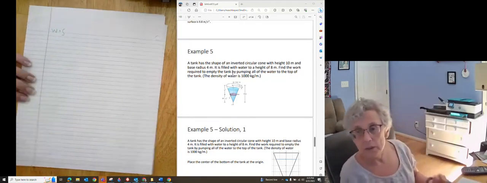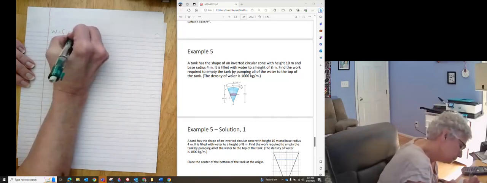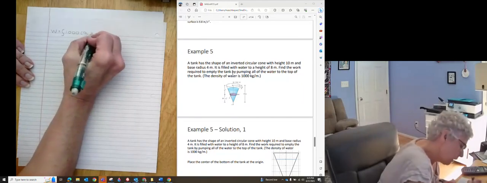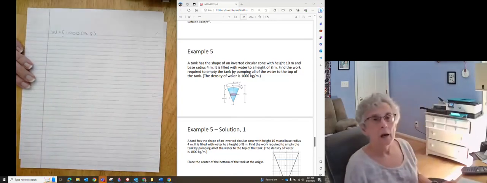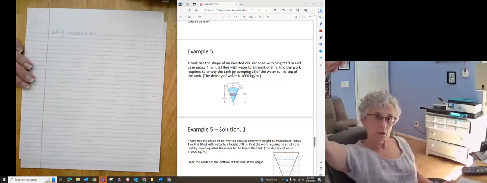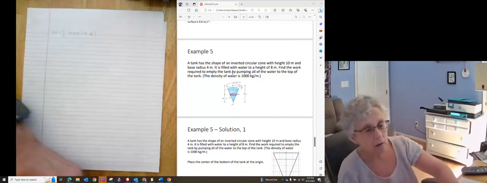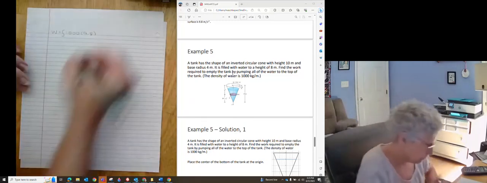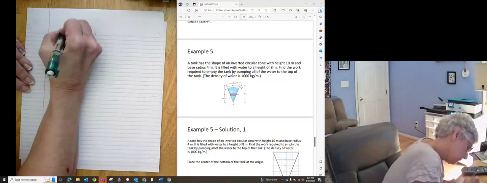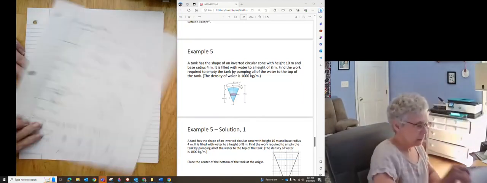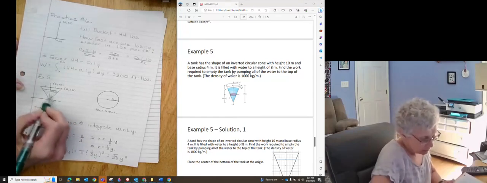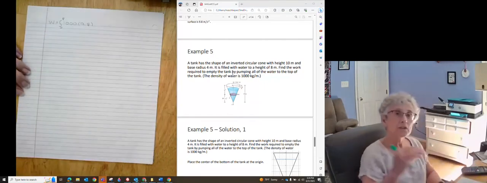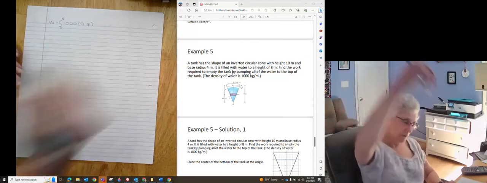Well, we know the density of water. I know acceleration due to gravity. I'm going to go from the bottom of the water to the top of the water because that's how long I have stuff to pull out of my tank. So from 0 to 8 because that's where my water level is. But how far does it have to travel? It has to travel all the way to the top of the tank.